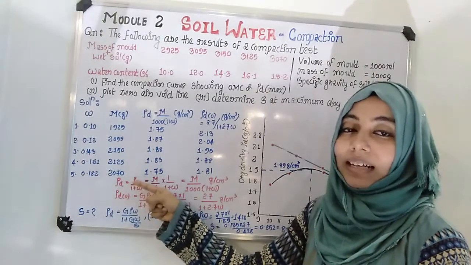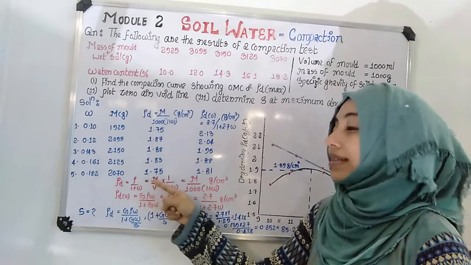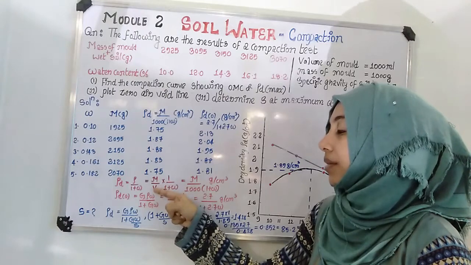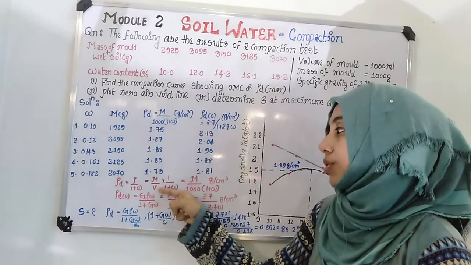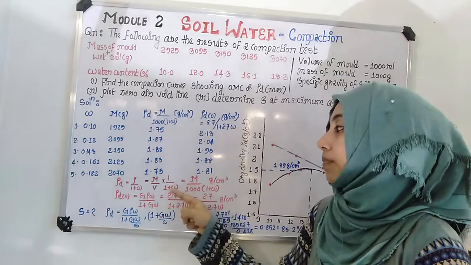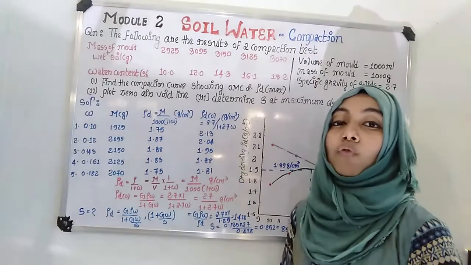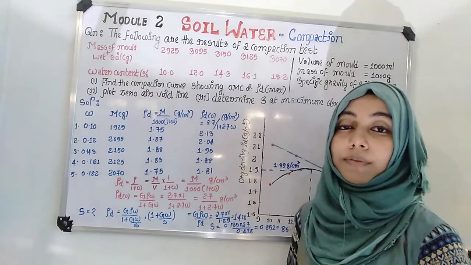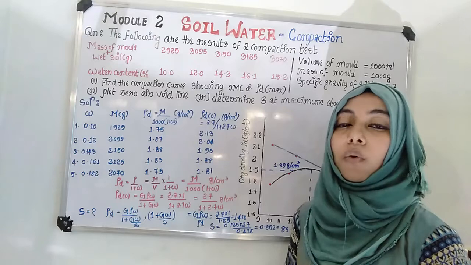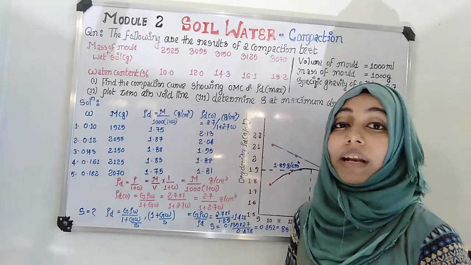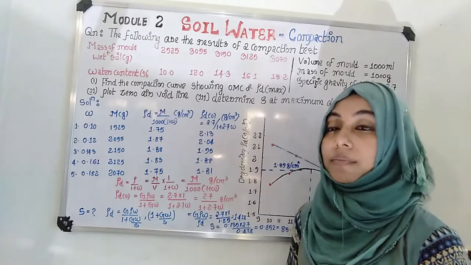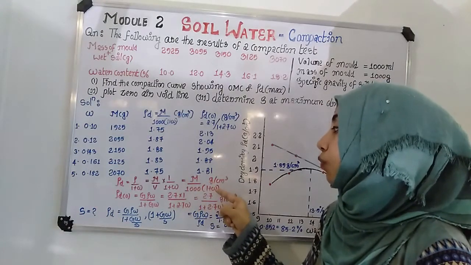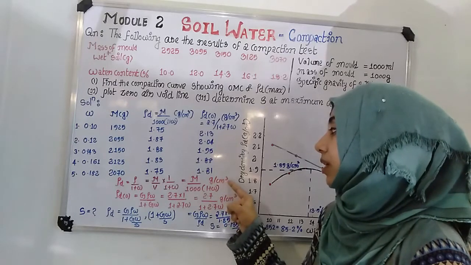Instead of bulk density, we can substitute M by V, that is, mass of wet soil divided by volume of the mold, into 1 by 1 plus W. Here the volume of the mold is given as 1000 ml. Then our equation for dry density becomes capital M divided by 1000 into 1 plus W gram per centimeter cube.